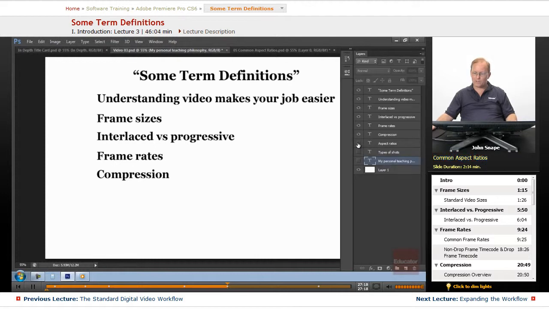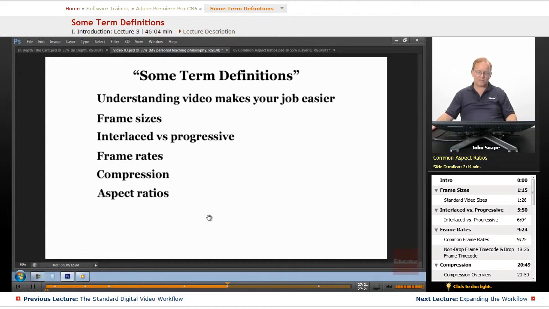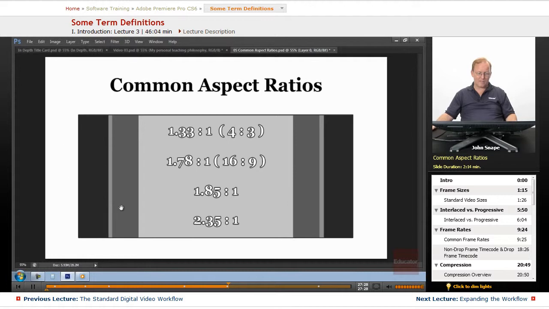And the next thing we want to go over are aspect ratios, because there's several different aspect ratios for video. And here are the main aspect ratios. This inside box, this light gray box, that is 4:3. So for every 4 units of length here, there's 3 of height. So if this was 4 inches, this would be 3 inches.